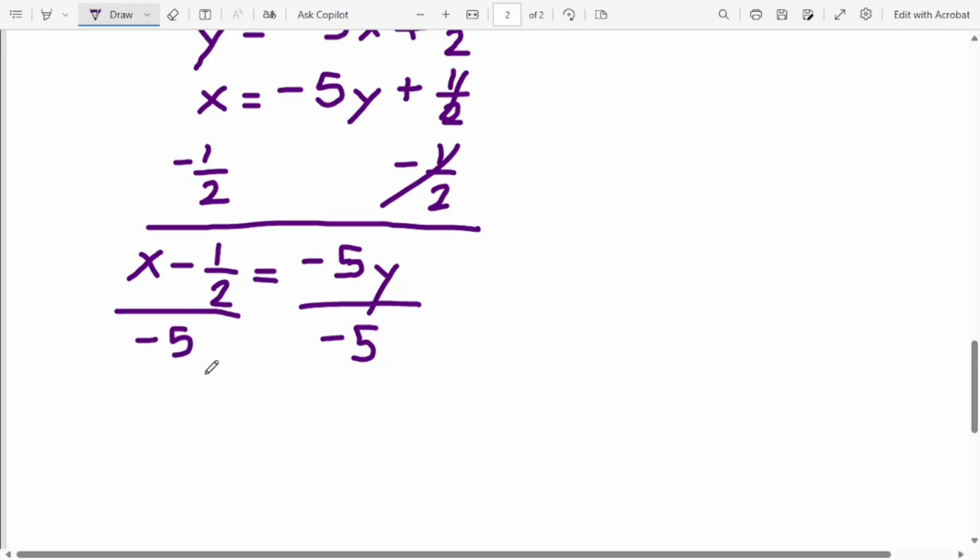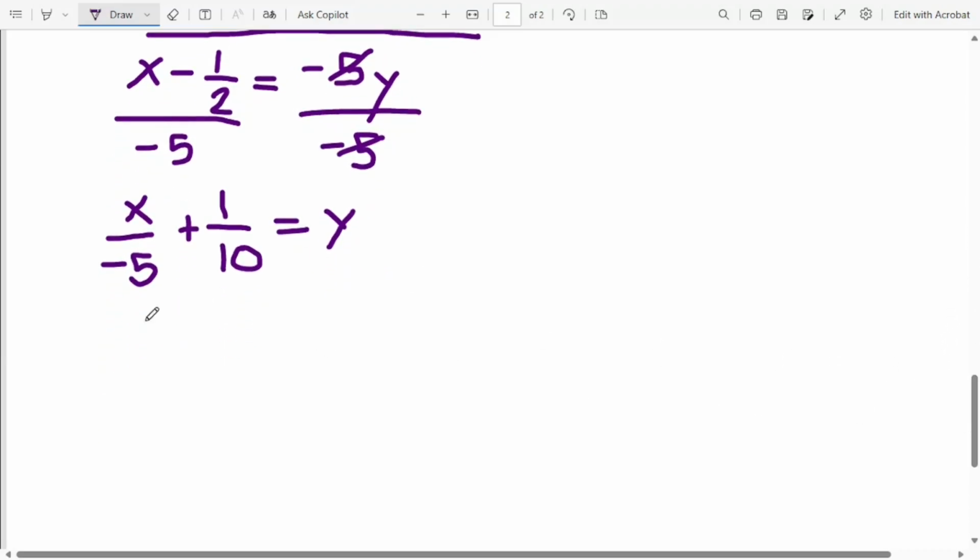Now, what's going to happen here is I'm going to have x over negative 5, and I'm essentially multiplying times 1/5. So this is going to be a negative 1/5 x plus, because we have a minus here, 1/10. Okay, and then we have negative 5 divided by negative 5, that's y.